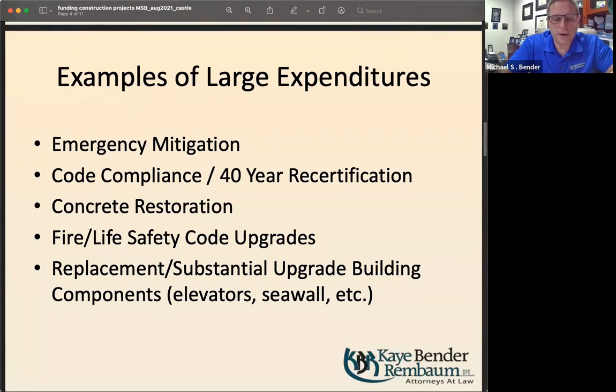So: concrete restoration, fire life safety code upgrades, upgrading building components, elevators, seawalls. If you're doing pools, and some communities have condos in particular, cooling towers. These are certainly some of your larger expenditures. Even painting of the buildings.